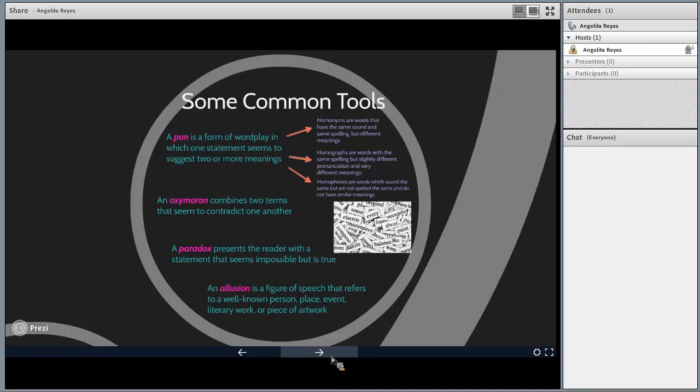A homonym, that's a hard word for me to say, homonym. Homonyms are words that have the same sound and same spelling but different meanings. And we'll see an example of this. A homograph is words with the same spelling but slightly different pronunciations and very different meanings. A good example of this is the word console.